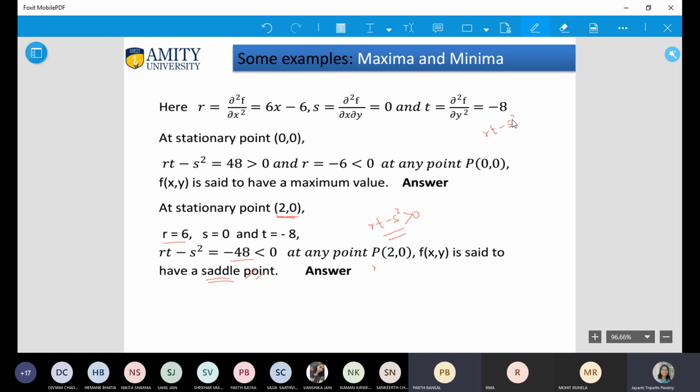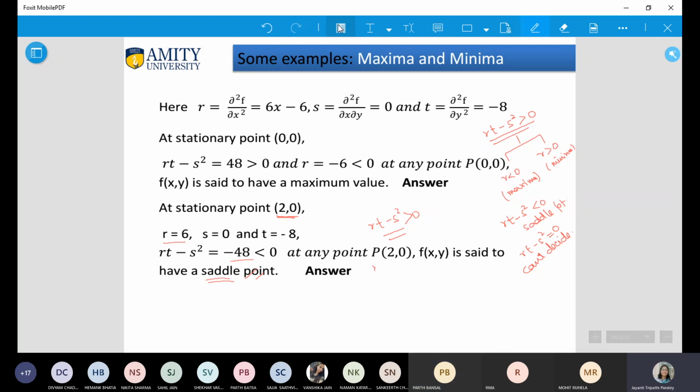This condition is mandatory. This has to be positive. Once this is positive, then we look for two possibilities: R is negative or R is positive. R positive, minima. R negative, maxima. RT minus S square less than 0, saddle point. RT minus S square equals 0, can't decide. Okay?